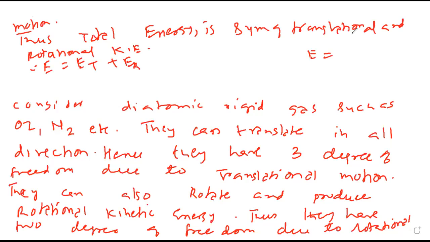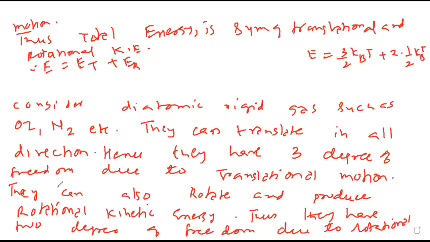So E will be 3 by 2 kBT plus 2 into half kBT. That means 3 degrees of freedom, 3 into half, and 2 degrees of freedom, 2 into half kBT. So each degree of freedom is equivalent to half kBT. This shows that depending upon degrees of freedom, their energy is multiplied.